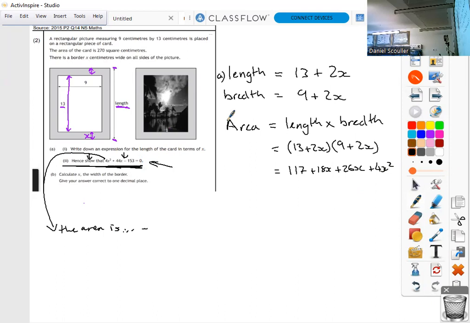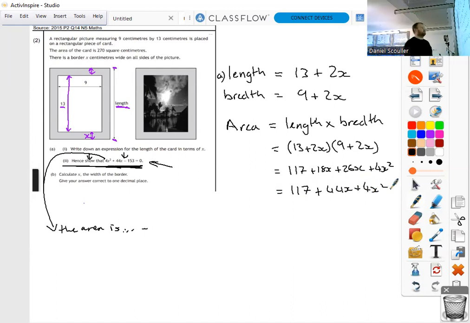Sorry, I thought I was going crazy. That's equal to 117 plus 44x plus 4x squared.